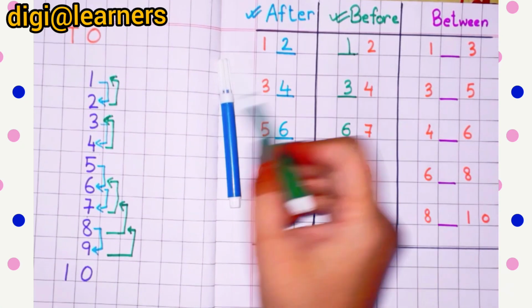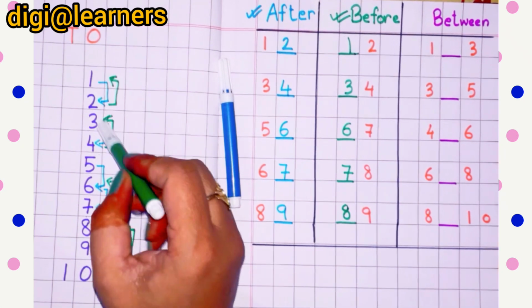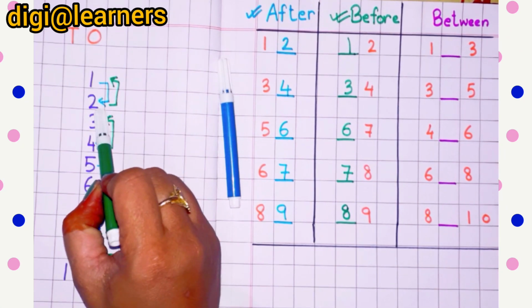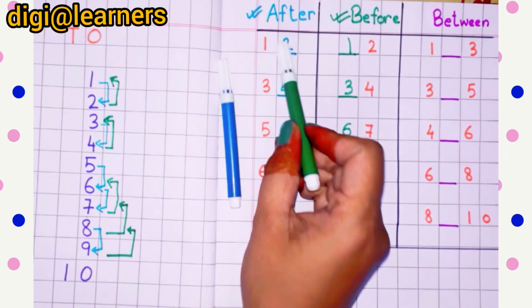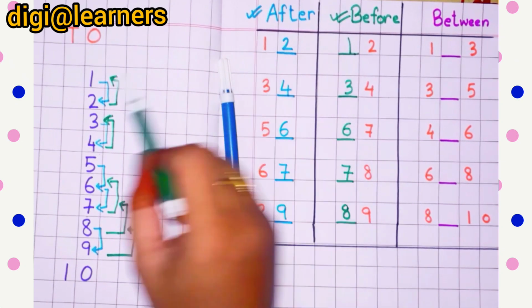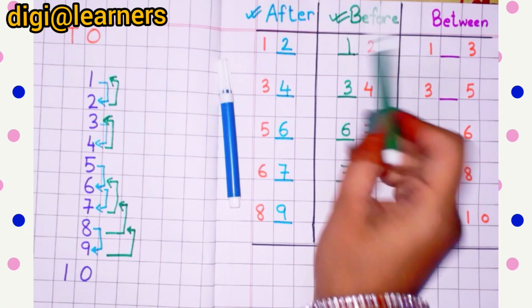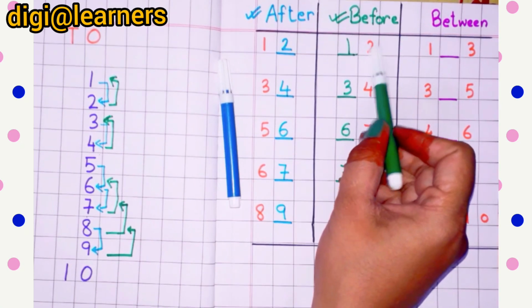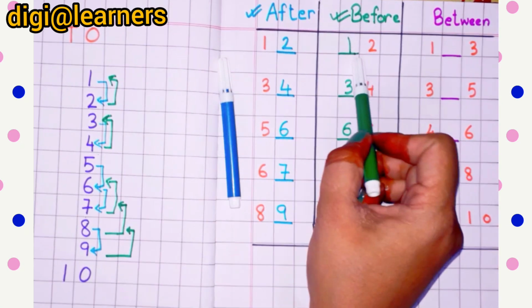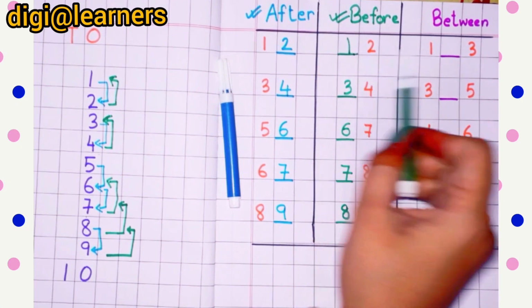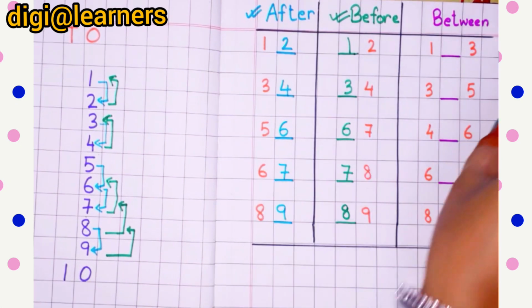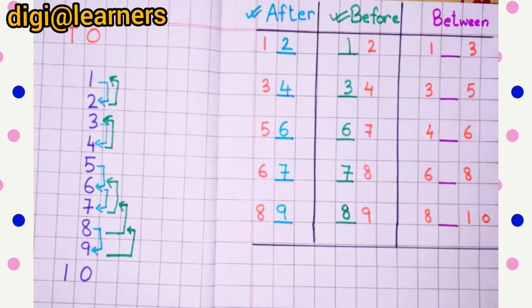In the after number you are going to write the number which comes below the given number, and for the before number you will write the number which comes above it. Now these two concepts are already clear.